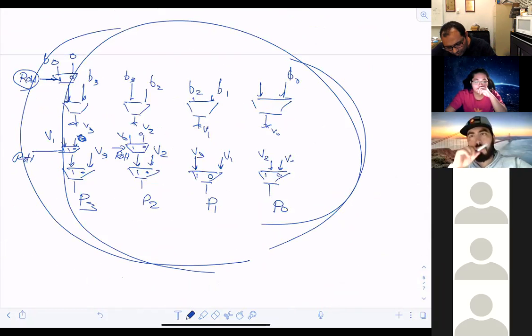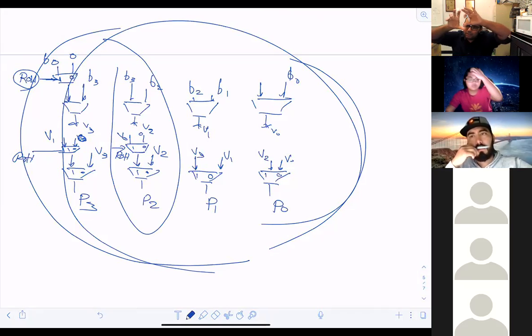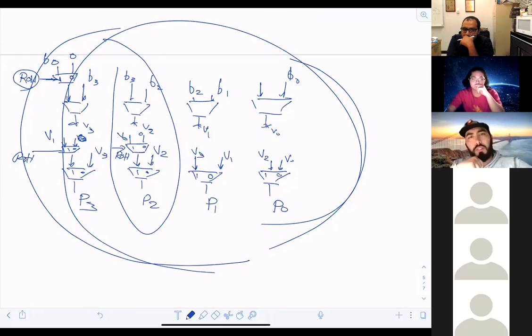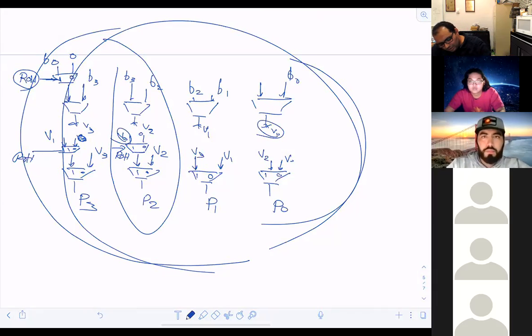Why? Because you're gonna take into consideration the biggest path you have. That makes sense? So you have to put them together in a big picture like this with all of the gates, and then you will see what is the biggest path. Look, here is V0, and V0 is coming from a multiplexer.